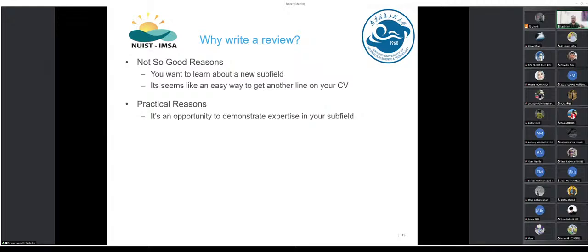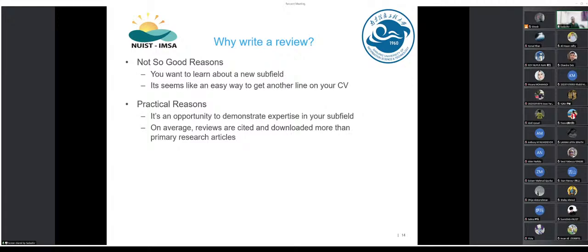So when someone sees your CV or looks at your profile, they will know that you are an expert in this field because you have gone through extensive reading and writing for that particular field.